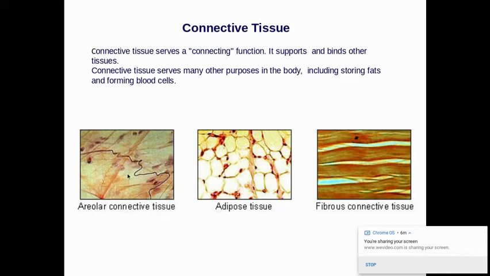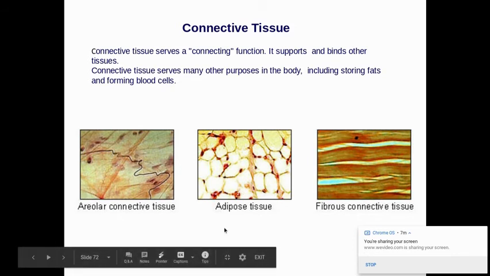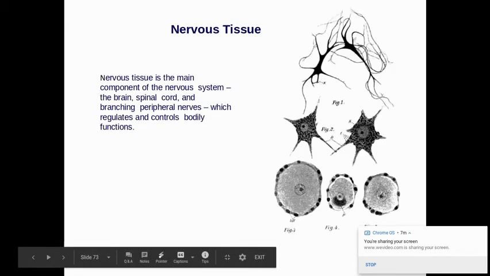These are examples of connective tissue. Adipose, just so you know, is another name for fat. You don't need to know that for the test, but I'm just telling you that. Anyway, these are some examples of what connective tissue could look like. That word's fibrous.